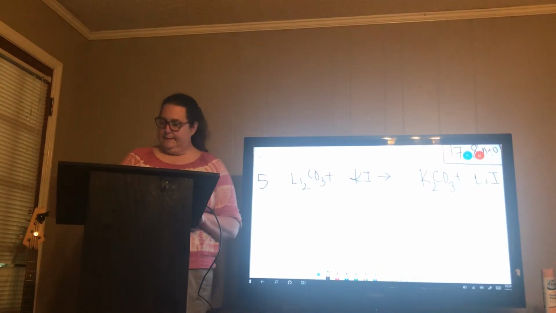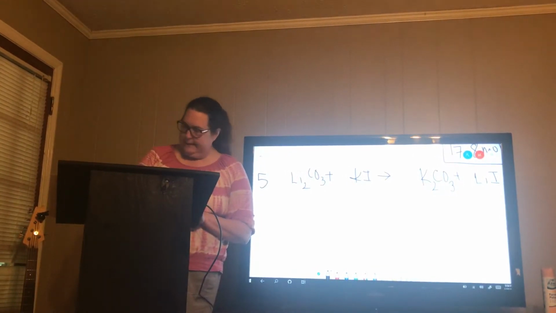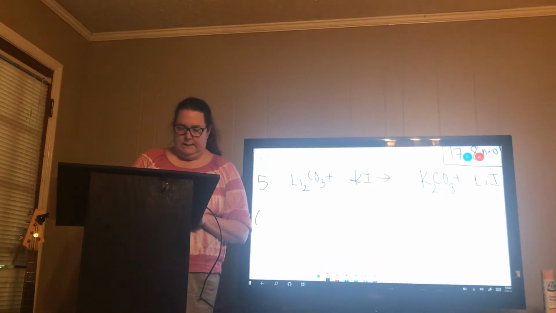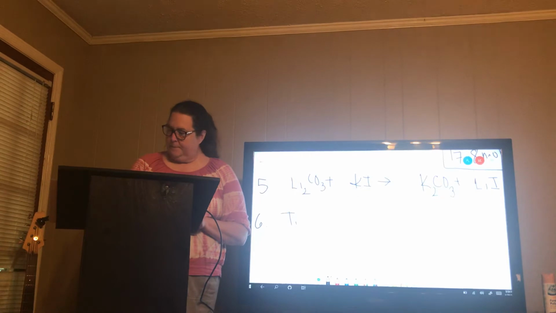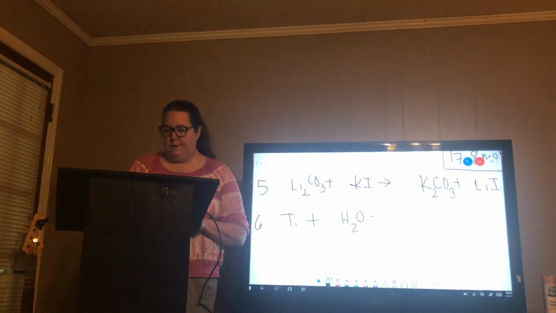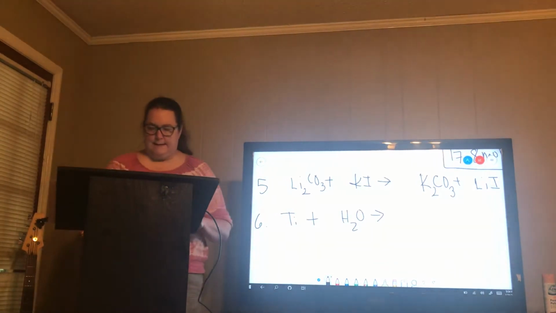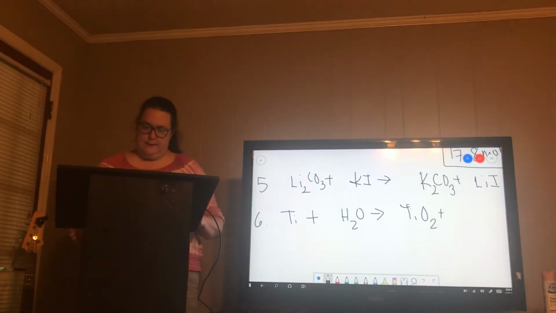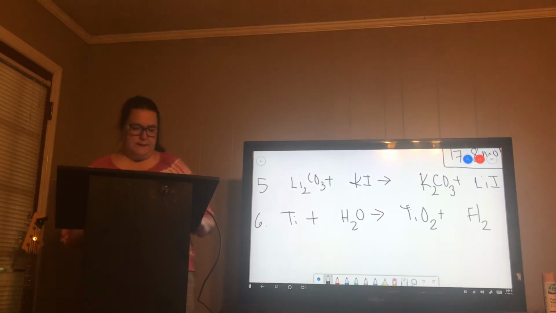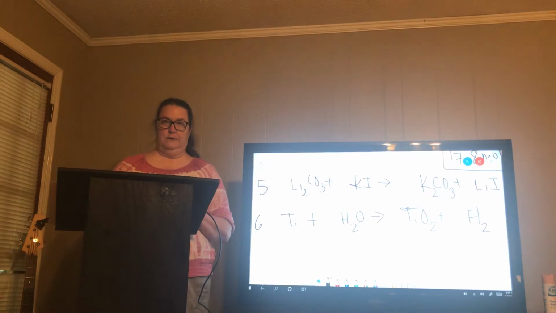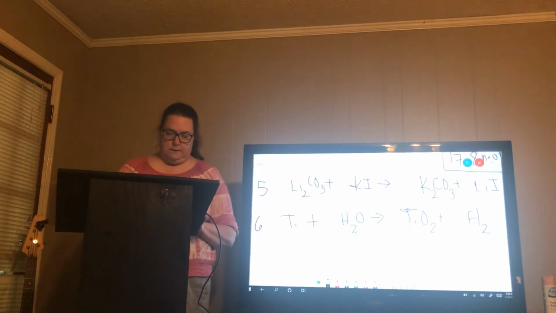It's not balanced. And then number 6 is titanium plus water produces titanium 4 oxide plus hydrogen gas. Remember, hydrogen's a diatomic. So with this balanced equations, you should be able to do some moles.